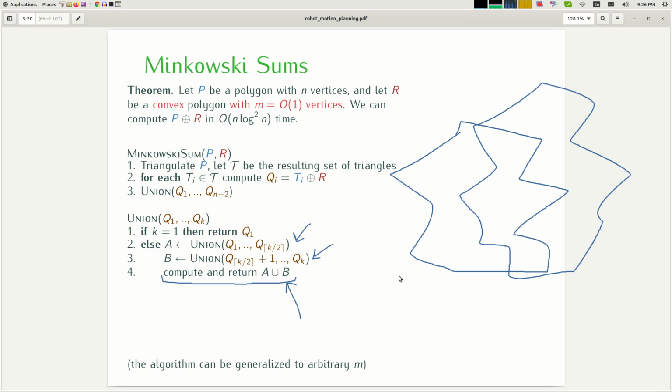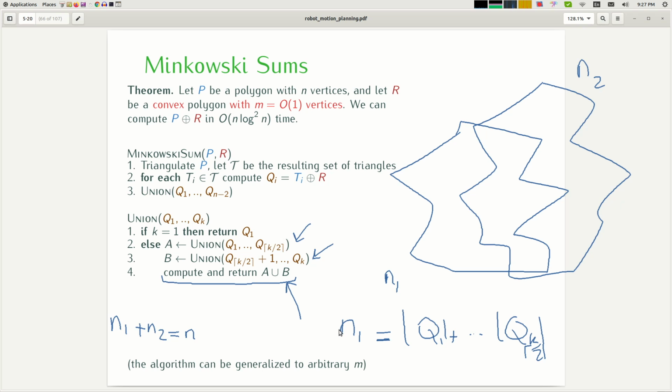In other words, the complexity of A is n1, the complexity of B is n2, where n1 is the total complexity of Q1 through Q k/2, and similarly for n2. This follows by the lemma that shows the union of a bunch of pseudodisks has linear complexity. And obviously we know that n1 plus n2 equals n.